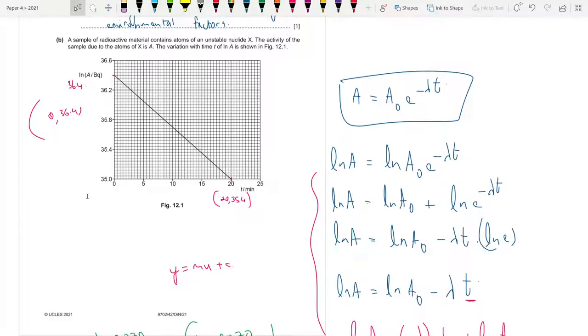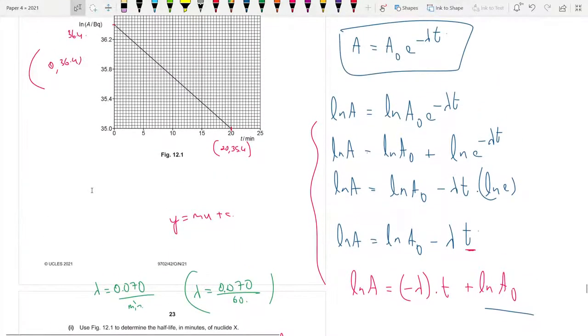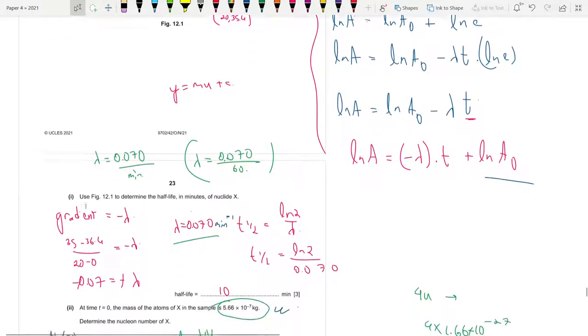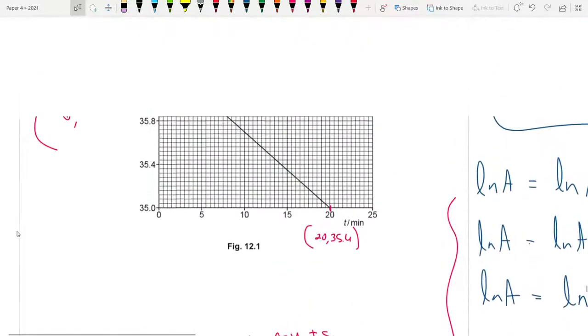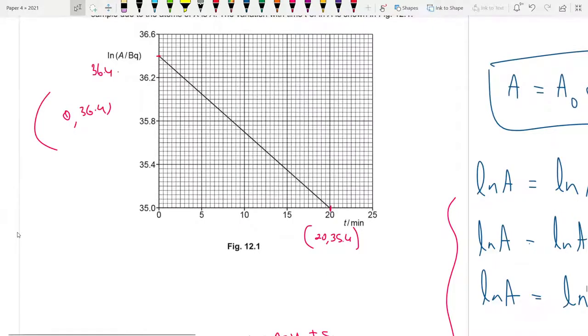If you look at the graph, on the y-axis we have ln A, on the x-axis we have t. We can rearrange it to write ln A is equal to minus lambda into t plus ln A naught. So ln A naught is our intercept, and minus lambda is the gradient. Let's find out the half-life. We know the gradient is minus lambda, so you can use appropriate coordinates to find lambda.